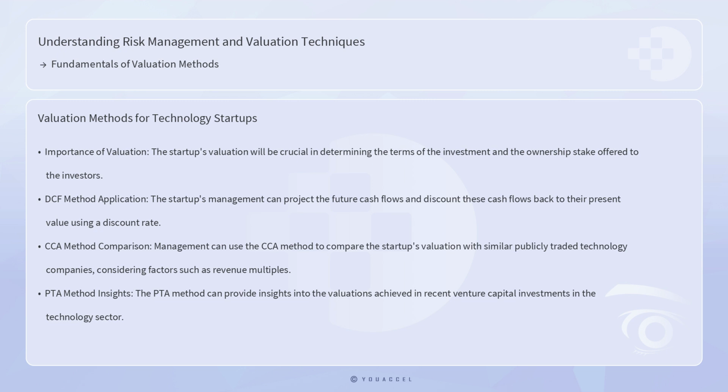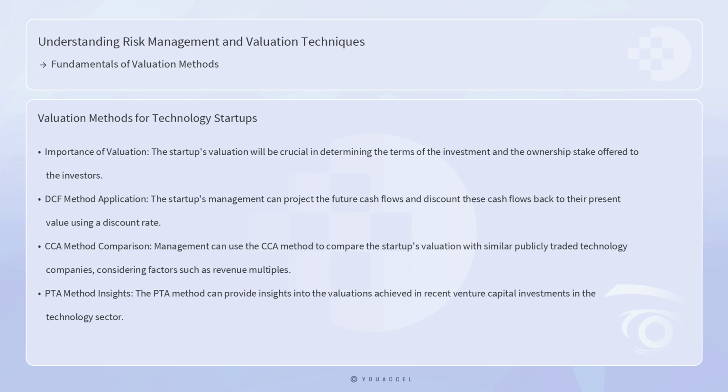Additionally, the management can use the CCA method to compare the startup's valuation with similar publicly traded technology companies, considering factors such as revenue multiples and growth rates. Finally, the PTA method can provide insights into the valuations achieved in recent venture capital investments in the technology sector.